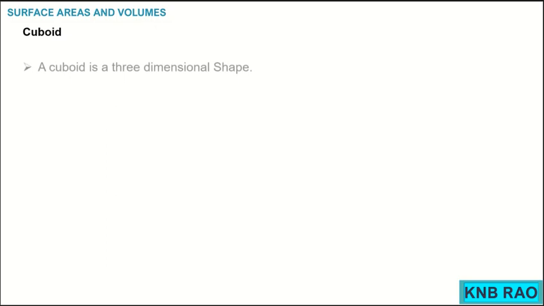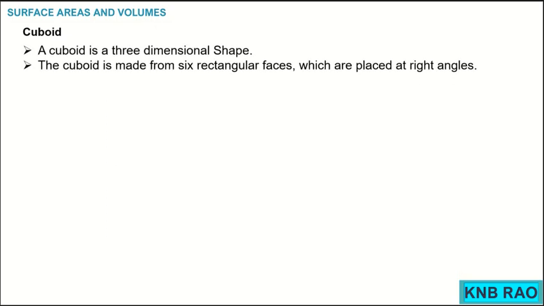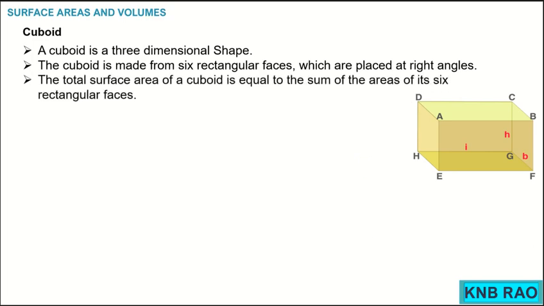You know, a cuboid is a 3-dimensional shape. The cuboid is made from 6 rectangular faces which are placed at right angles. This is the shape of a cuboid, and the total surface area of a cuboid is equal to the sum of the areas of all its 6 rectangular faces.